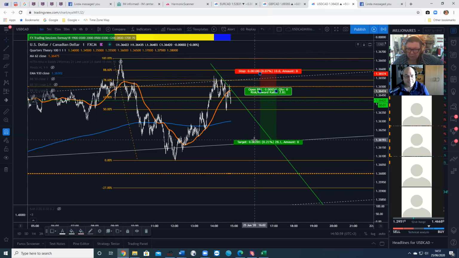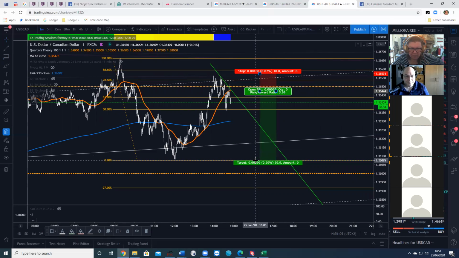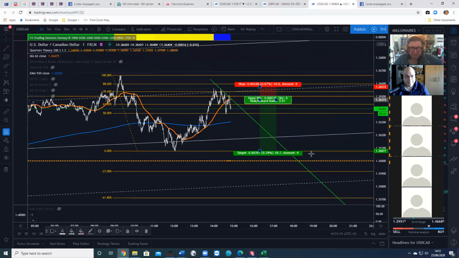Well, no, it's going to be a bit less because it's a buy scan. 1.36200, 27 pips. But if it goes through that level, then you've got your 0% at 40 pips, 1.36077.